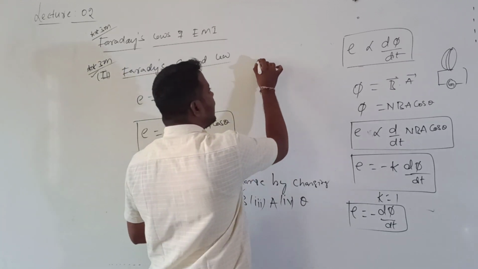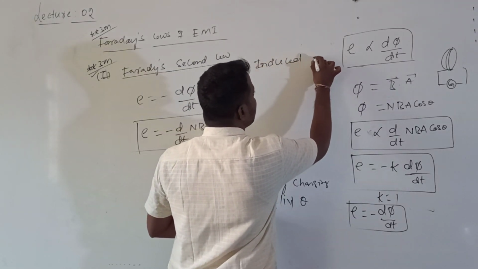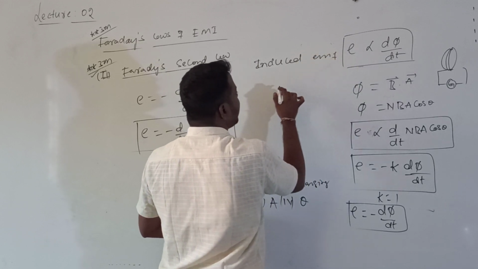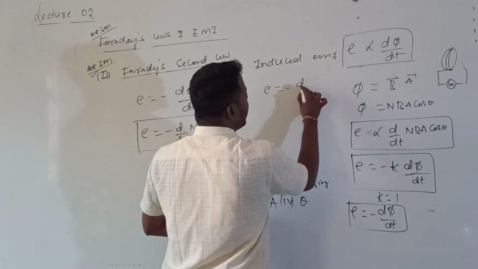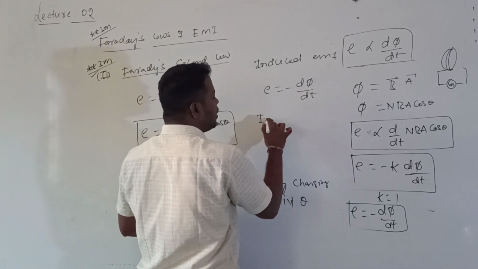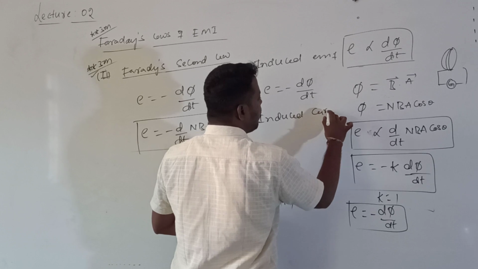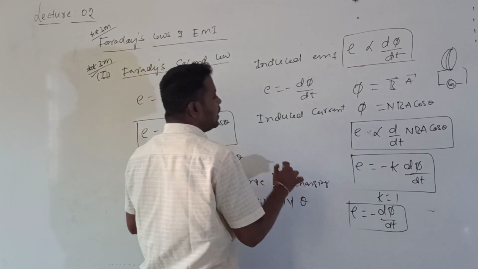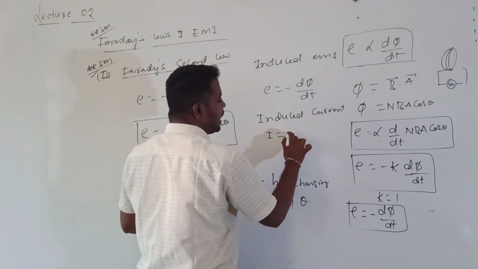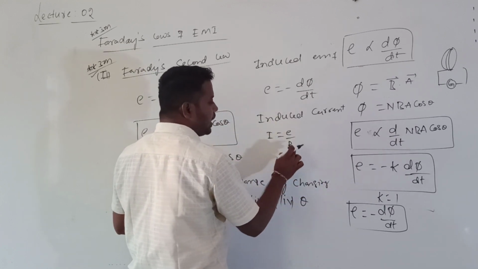So here I calculated the induced EMF developed in a coil. Induced EMF is given by E is equal to minus d phi by dt. By knowing induced EMF, I can calculate induced current. How much current will be induced? Since I is equal to E by R, current is equal to EMF by resistance.